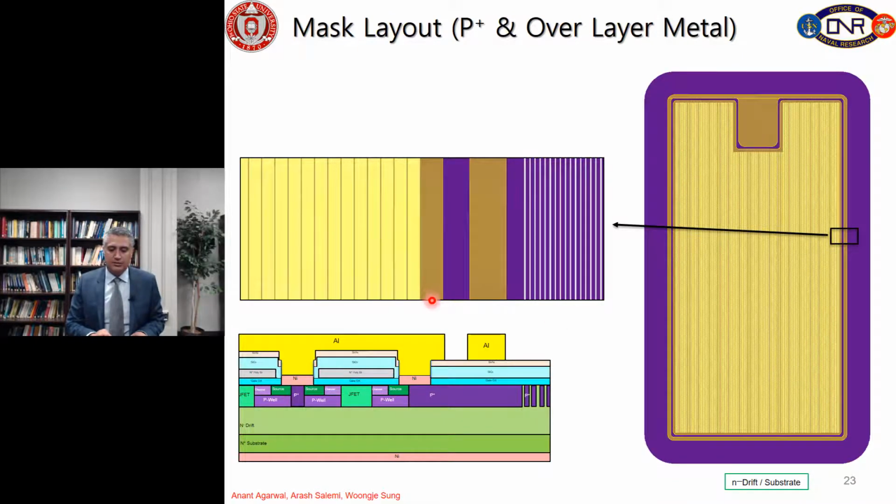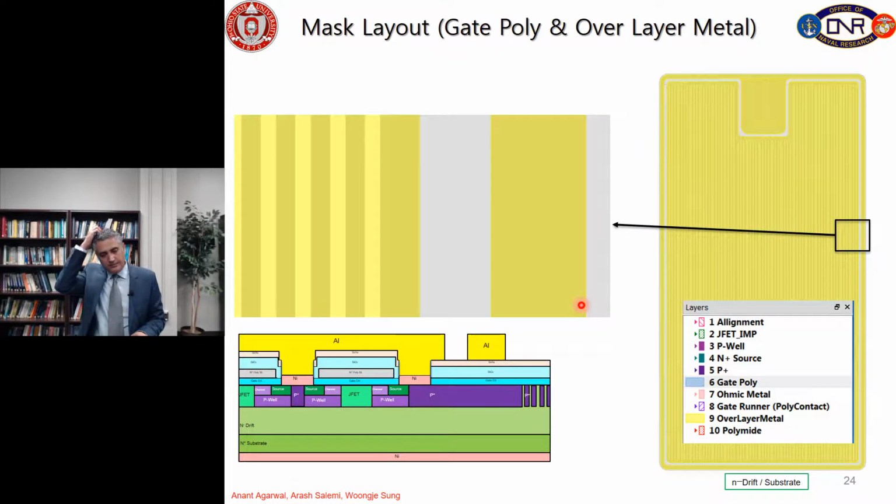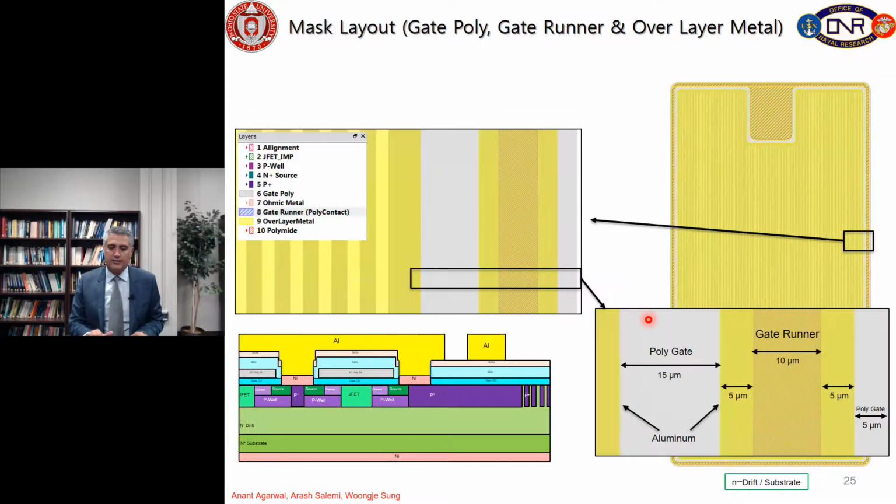Here also you can see the aluminum here and here, the P+ and overlayer metal. And then we have the gate poly and overlayer metal all together. Here is the combination of gate poly, gate runner, and overlayer metal.